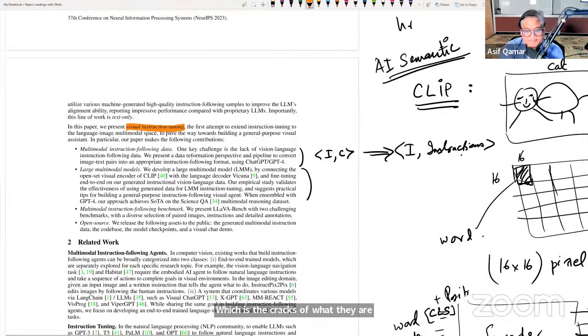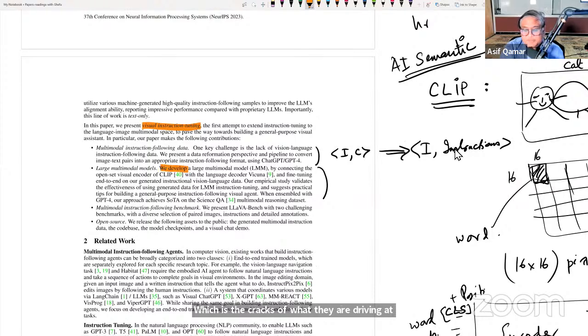We develop a large multimodal model. And this word, by the way, is sort of gaining traction, LMM, large multimodal models, by connecting the open-set visual encoder of CLIP, so CLIP we just encountered, with a language decoder, Vicuna, and fine-tuning end-to-end on our generated instructional vision language data.